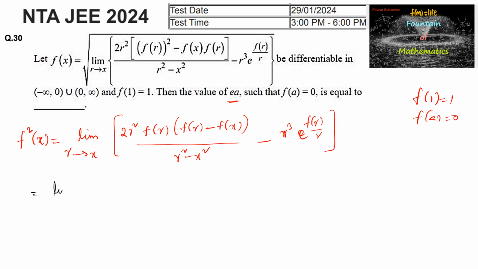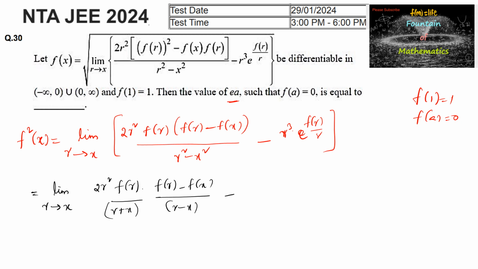So which is equal to limit r tends to x 2r square of f of r into f of r minus f of x divided by, we can write here r plus x into r minus x, minus r power 3 into e power f of r divided by r.